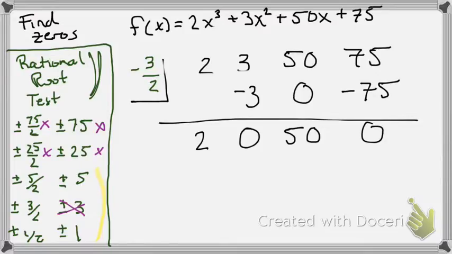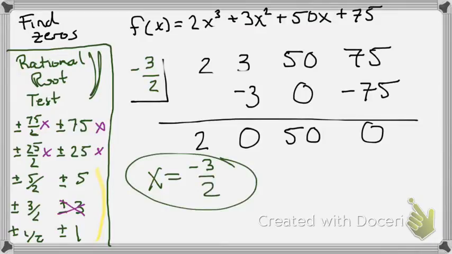So what this tells me is that -3 halves, x equals -3 halves, is one of my zeros because it worked out. And furthermore, if I factored that out, what I would be left with is 2x squared plus 50.